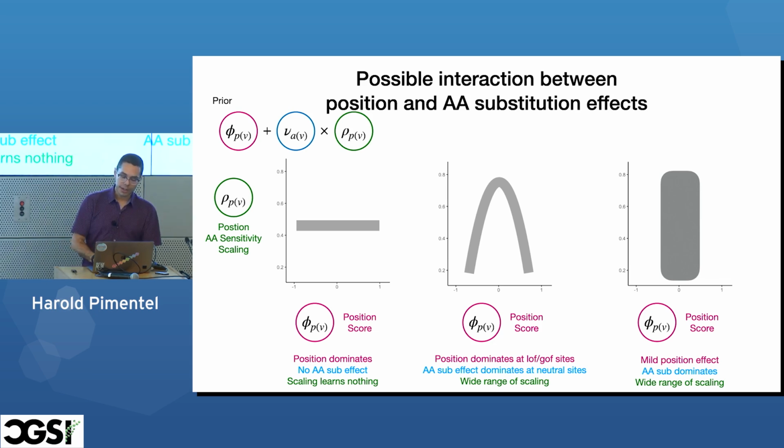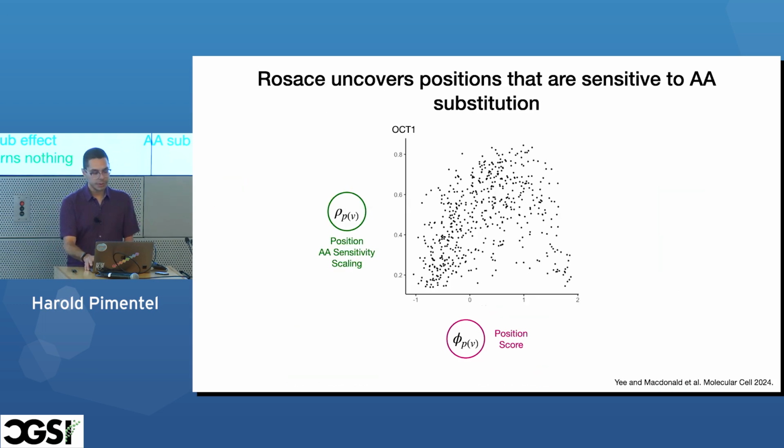There are obviously many different ways to think about this. Another hypothesis you might have is that for any specific score, we have a really wide range of amino acid substitutions, and it depends mostly on that. Okay, so what does it look like when we get real data?